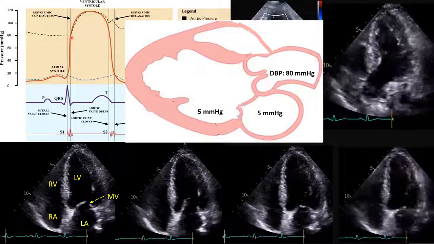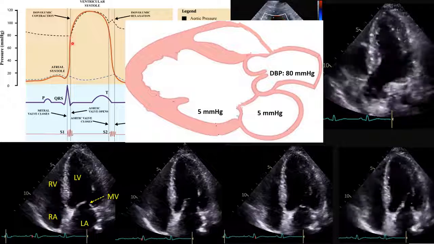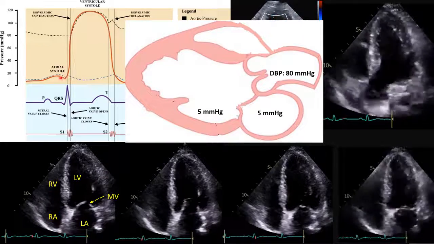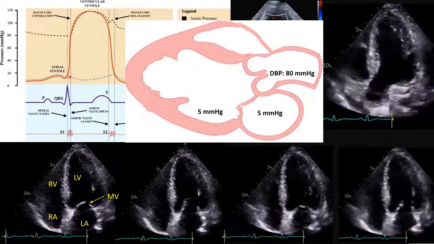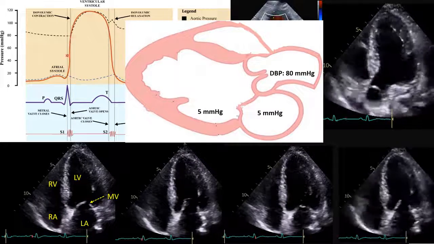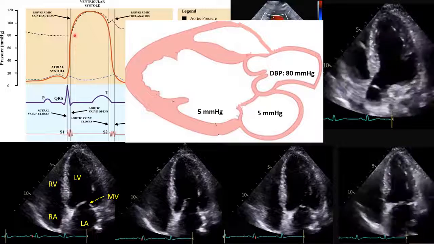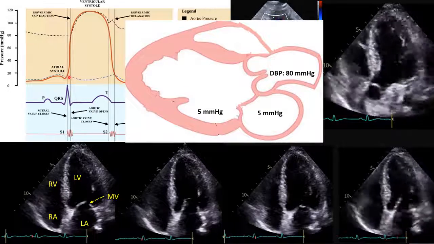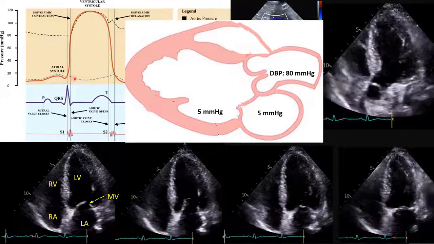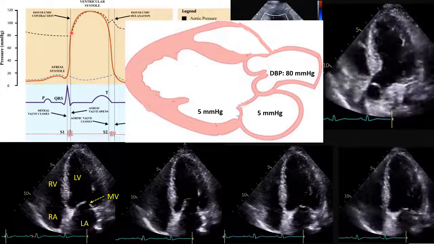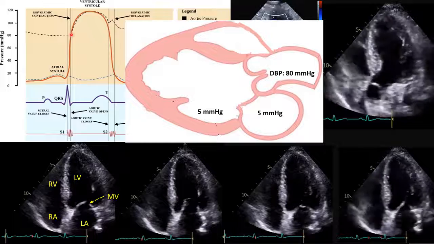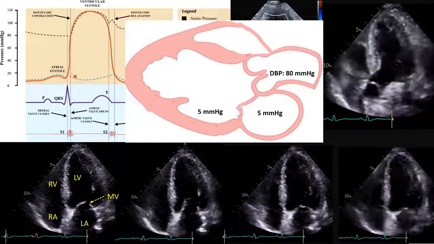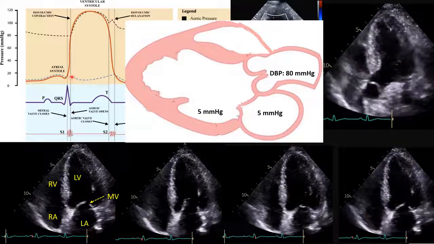And the opening usually doesn't have a very strong sound. But in some situations where this gap increases, we can detect those two components of the sound. This time, from the closing of the mitral valve to the opening of the aortic valve, we call isovolumetric contraction time, or IVCT.